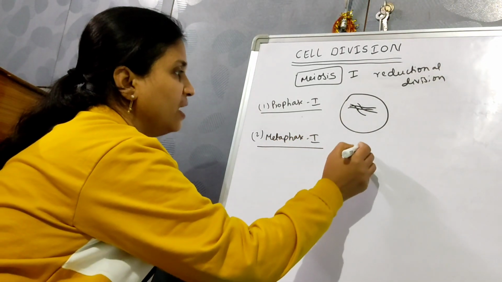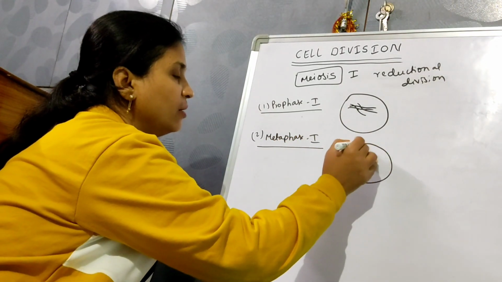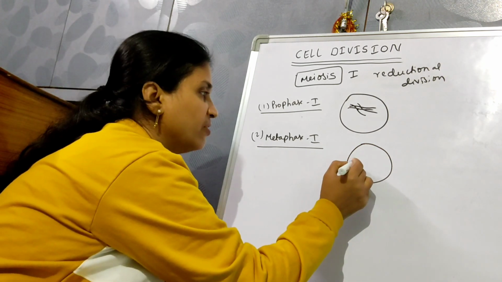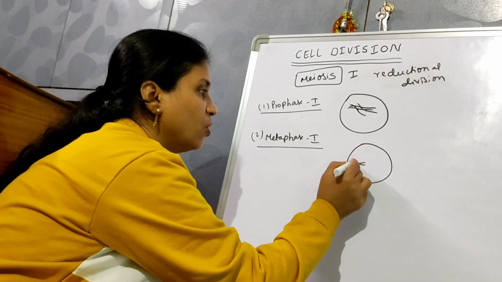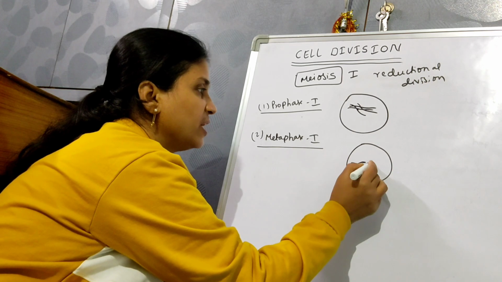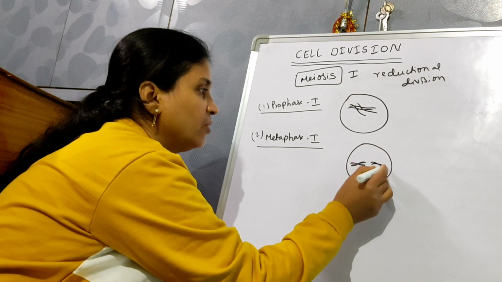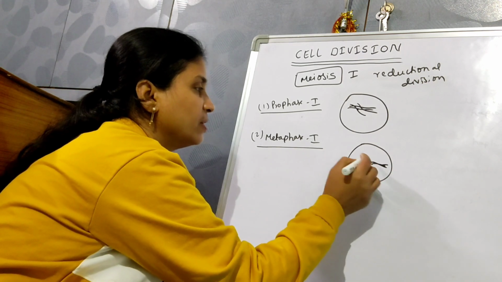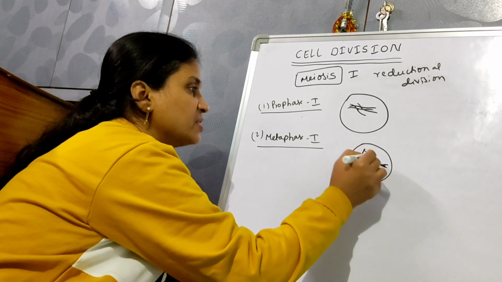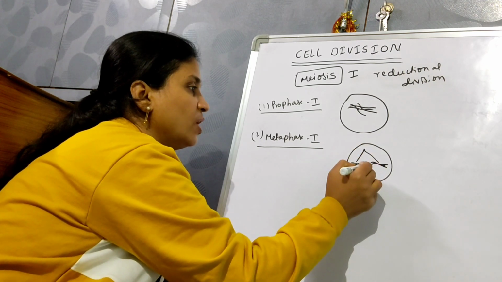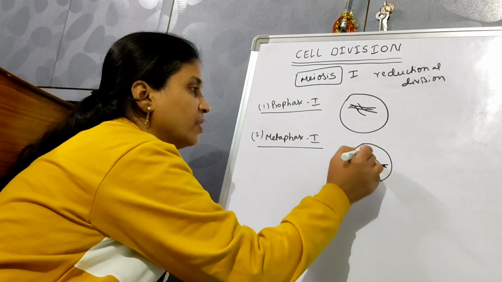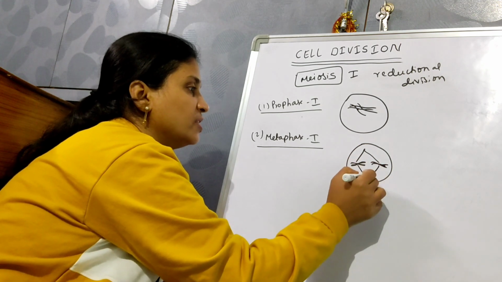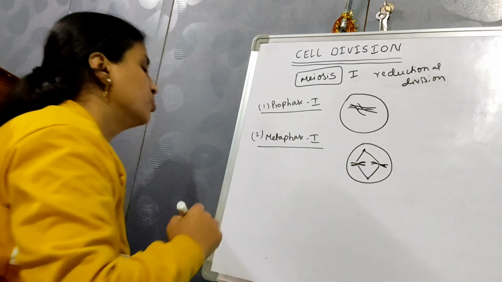They are going to get aligned on the metaphasic plate or equatorial plate, and the spindle fibers are going to attach to these particular chromosomes.